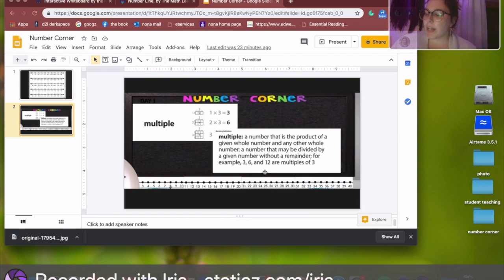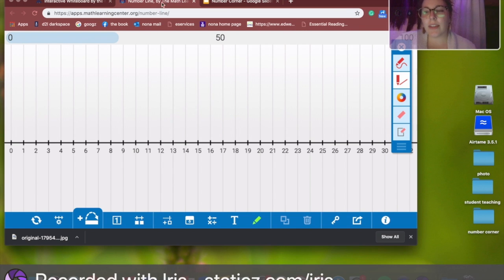Now, we are going to be creating a key to recognize the numbers that are multiples of 2. Take a look at this number line. We're going to be counting by twos, but this time I'm going to label each number that is a multiple of 2 so we know which ones they are.